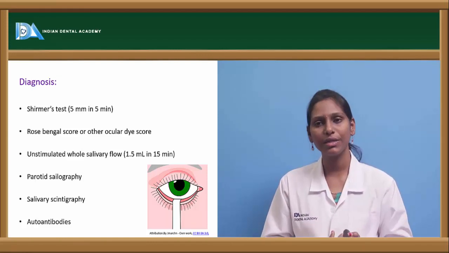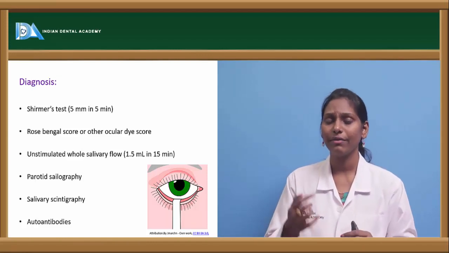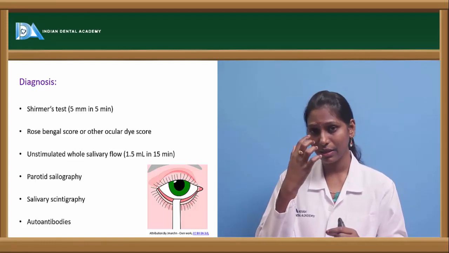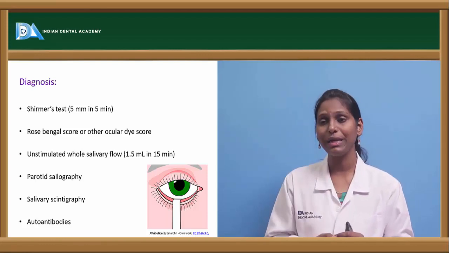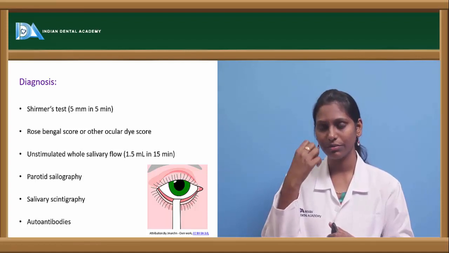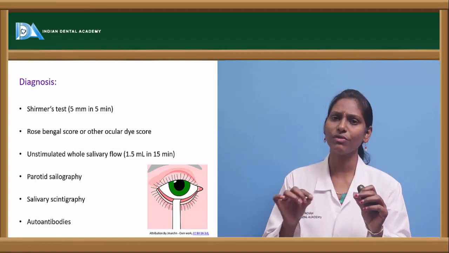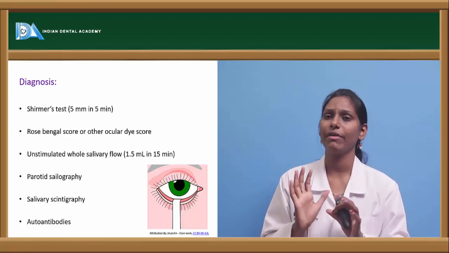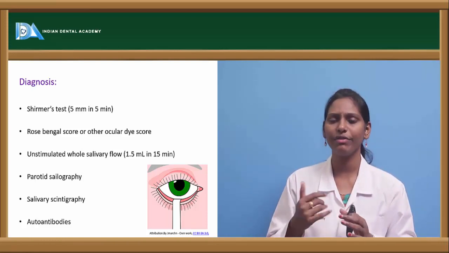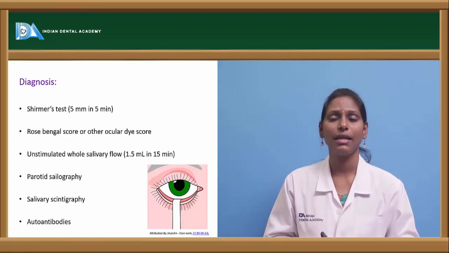It is by Schirmer's test. In Schirmer's test, we have a small blotting paper and we place it near the lacrimal ductal opening, and we check for the amount of tears that are coming out. And absorption of that paper should be 5 mm in 5 minutes. Okay, if it is less than that, then we consider it to be decreased lacrimation.